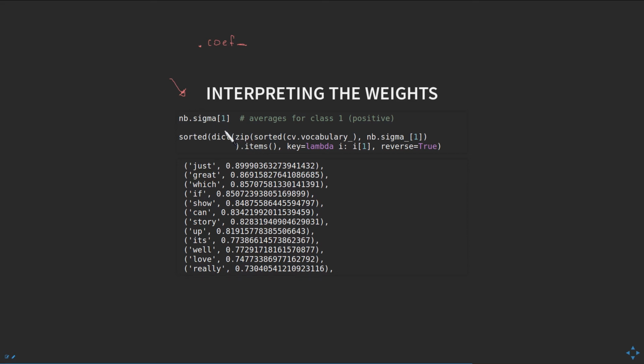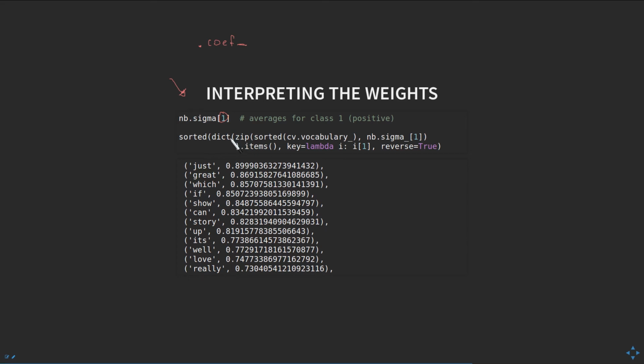So you can say the 0th class, in our case, will be negative. It can also be something different, but our 1 is positive, so these would be the probabilities of all the positive classes. So you'll expect, I hope, that the positive words that at least we associate with being positive also get a very high probability, right?